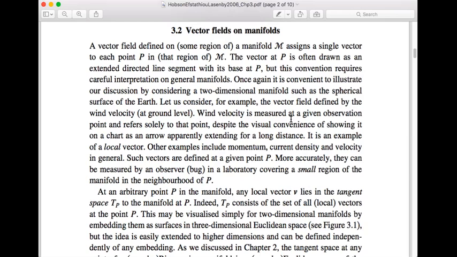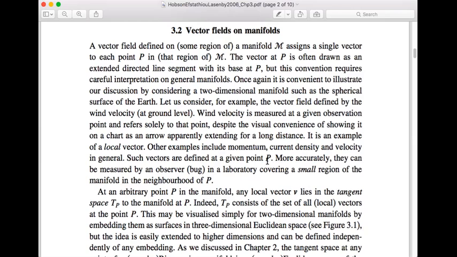The wind velocity is measured at a given observation point and refers solely to that point, despite the visual convenience of showing it on a chart as an arrow apparently extending over some long distance. It is an example of a local vector. You can have many examples of vectors. Such vectors are defined at a point P.